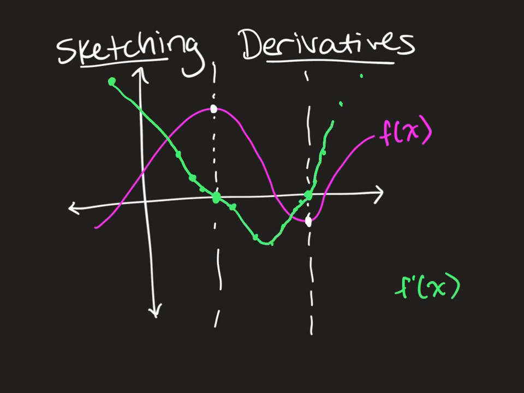Now, is this perfect? Of course not. But it is a good kind of sorta. And pay attention again to the spaces split by these vertical lines, because that's where my original function had a slope of 0. So positive slope, negative slope, positive slope. It's counterintuitive, but if you practice a lot, it will start making more sense.